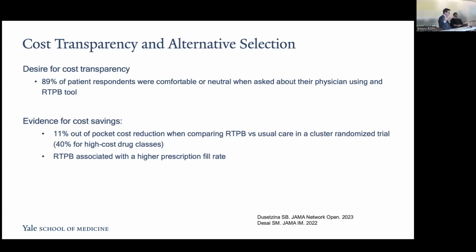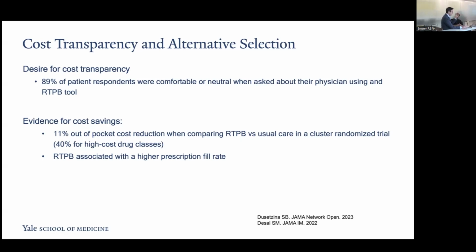There is some data on RTPB tools to date. Most patients, when surveyed, were comfortable or neutral when asked about whether they want their physicians to use a tool like this. We have some evidence around cost savings. There was one large cluster randomized trial in New York that showed an 11% out-of-pocket cost reduction when comparing these tools to usual care.